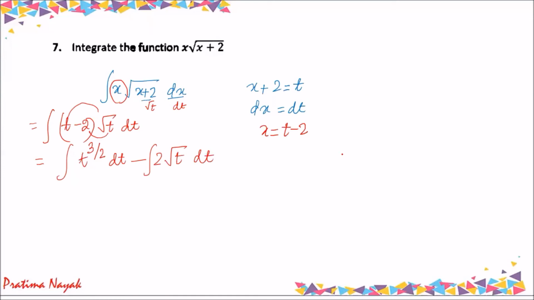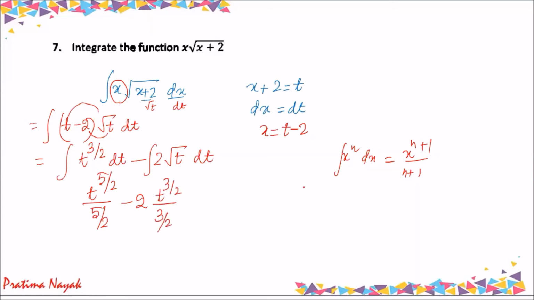Integration is x to the power n plus 1 by n plus 1. So it will be how much? t to the power 3 by 2 plus 1 is 5 by 2. Root t means t to the half. Half plus 1 is 3 by 2. So we get t to the power 5 by 2 divided by 5 by 2, minus 2 times t to the power 3 by 2 divided by 3 by 2, plus c.